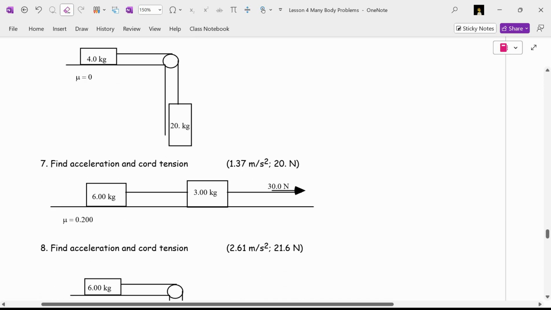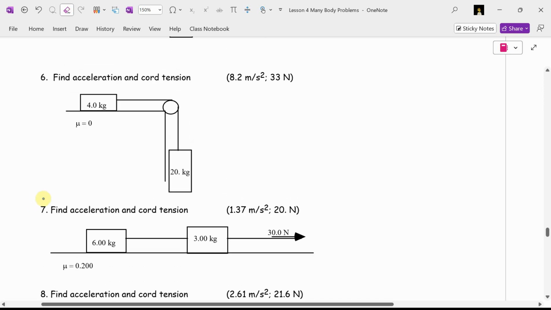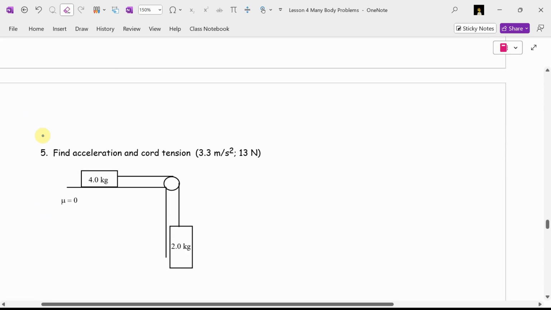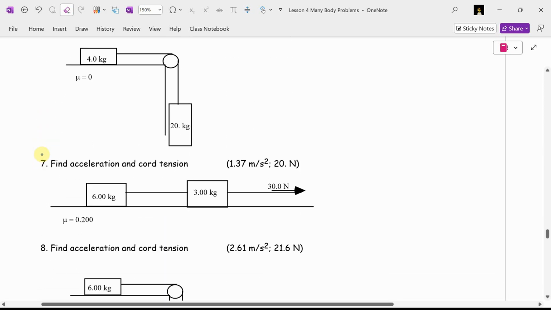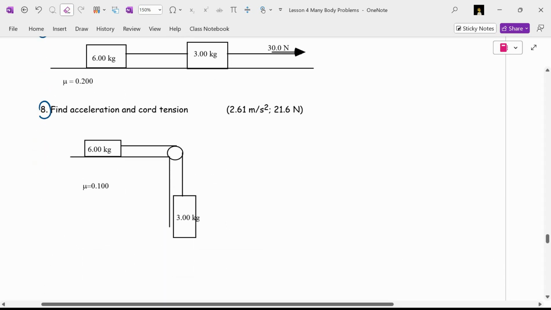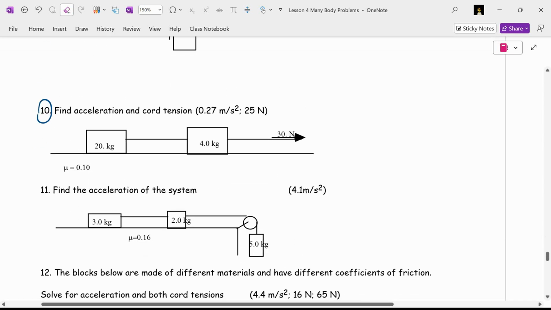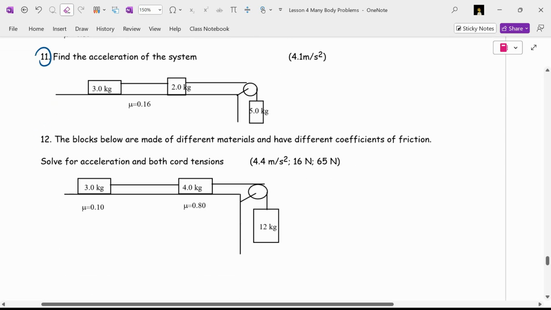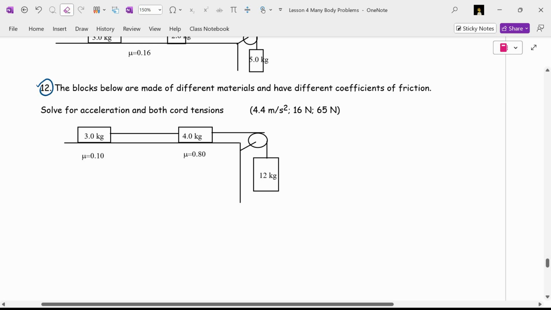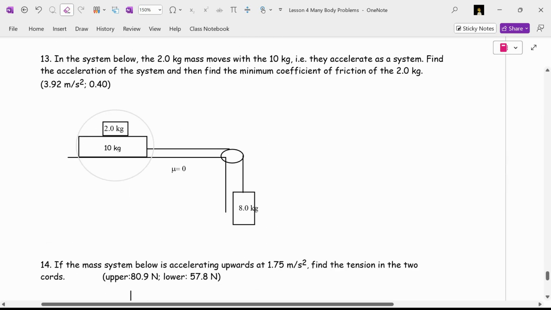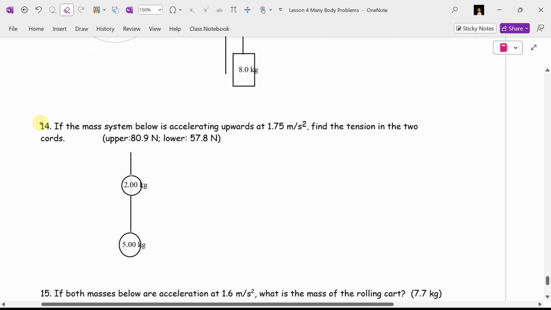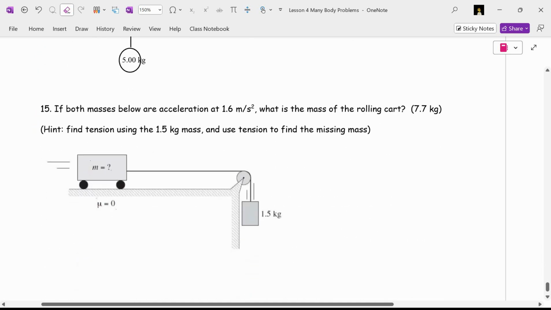I'm going to assign 5 next class, but you can try it. 7 is good. 8 is good. 9 is good. 10 is good. 11 is good. 12 is good. 13 is good. But you're going to get some time to work on this next class. You can skip 14. You can try 15.